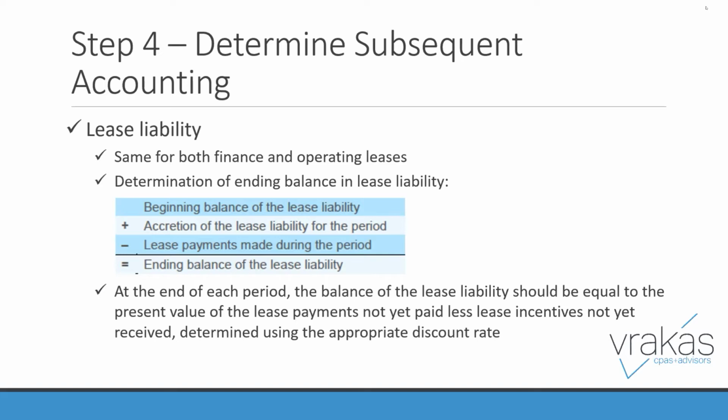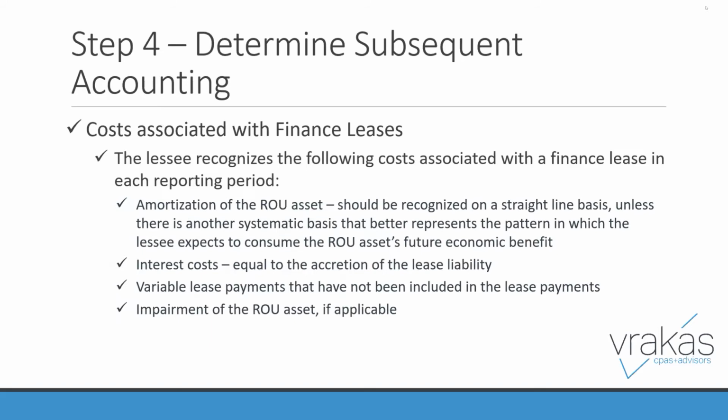You would reduce your liability for any payments that you actually made, and you would increase the liability to recognize that accretion of the discount. And if you wanted to double check yourself at the end of each period, that lease liability should be equal to all of your remaining payments discounted back at your discount rate. So the same accounting for finance and operating. What's going to change is how you're going to account for this right of use asset.